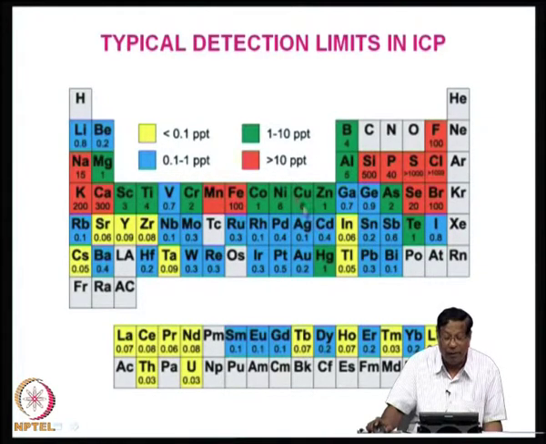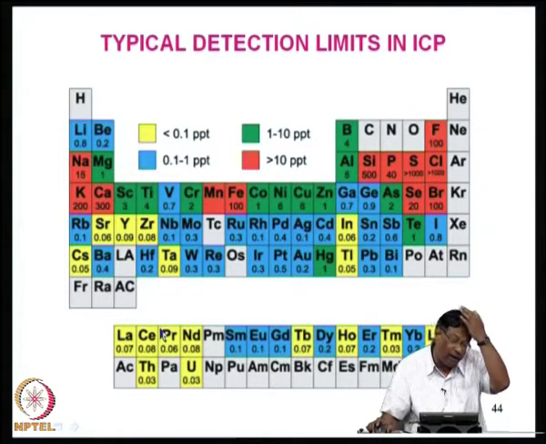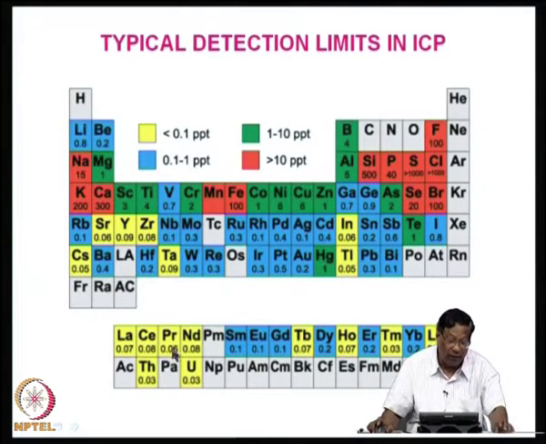So, the blue elements can be determined in 0.1 to 1 parts per trillion, and the yellow ones like strontium, yttrium, zirconium, cesium, tantalum, some of these radioactive, the lanthanides and actinides elements, it is also possible to determine them at less than 0.1 parts per trillion.